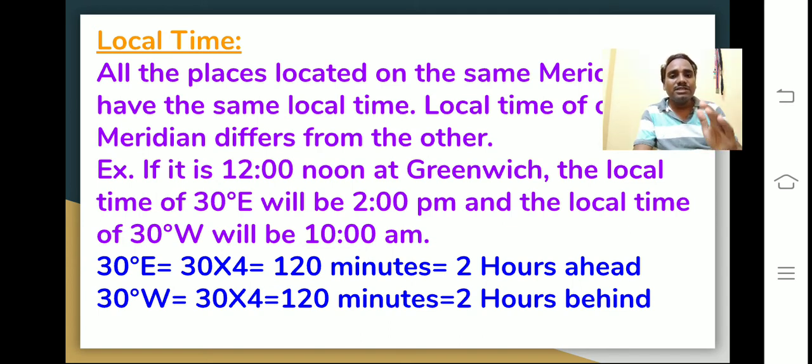And 30 degrees west equals 30 meridians into 4 minutes equals 120 minutes equals 2 hours behind. So all the places that fall in the eastern hemisphere will be ahead, and all the places that fall in the western hemisphere will be behind the Greenwich Mean Time.